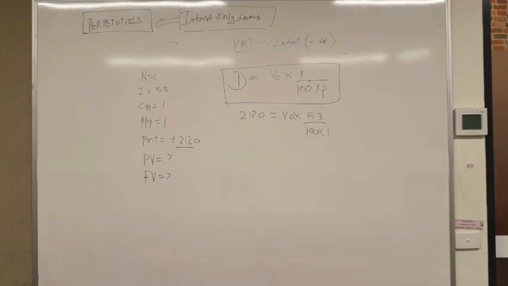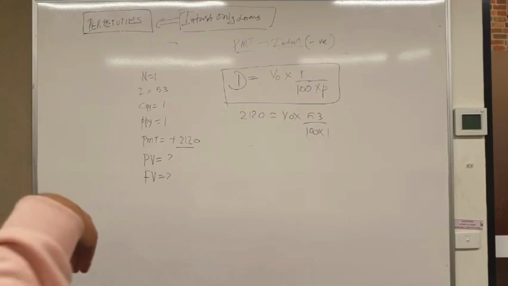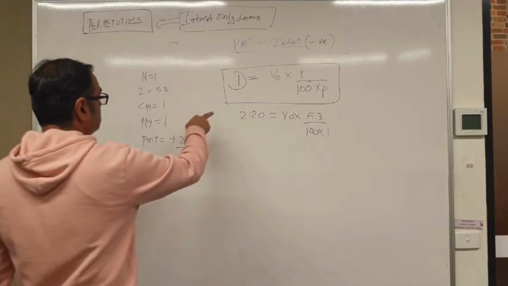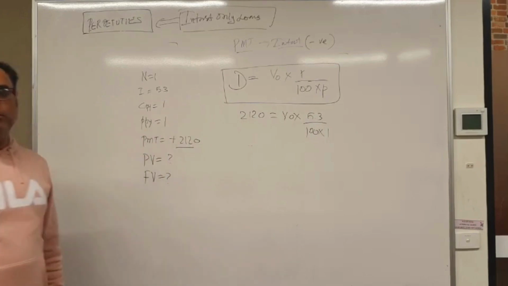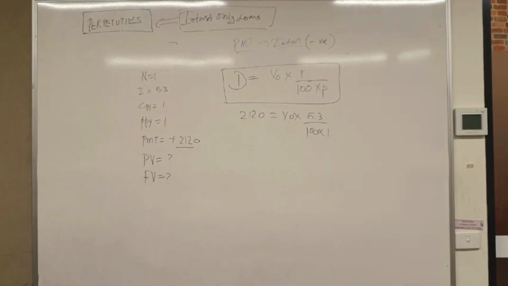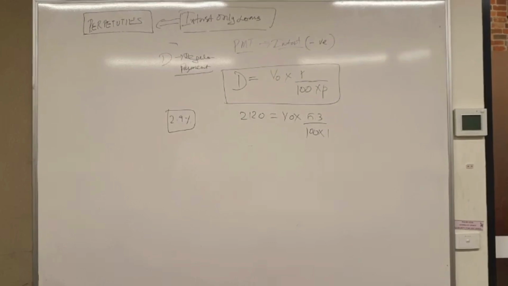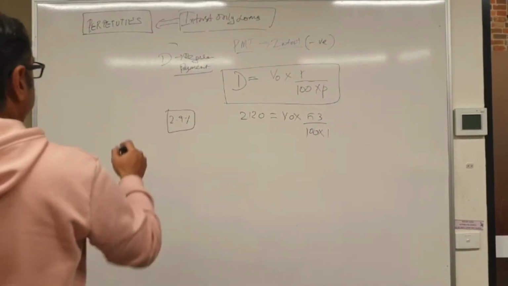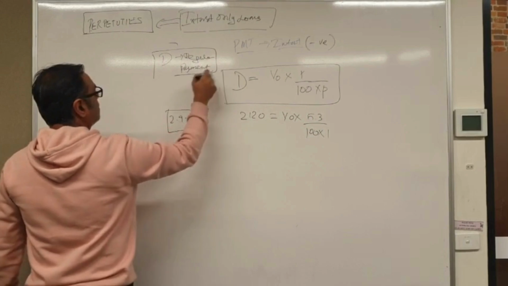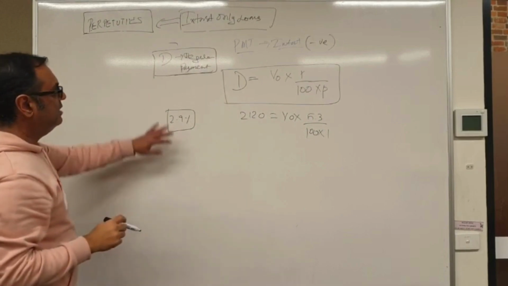Can you do question number 11 for me, please? Now there's no CAS. CAS is required or not, I don't know. But then I need an answer from each one of you. The formula is reflecting right on the screen, right on the whiteboard. So D is the regular payment, and you plug everything in.